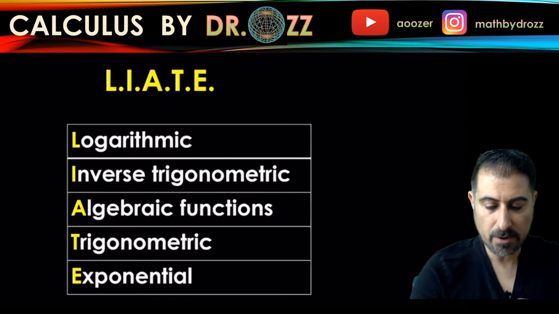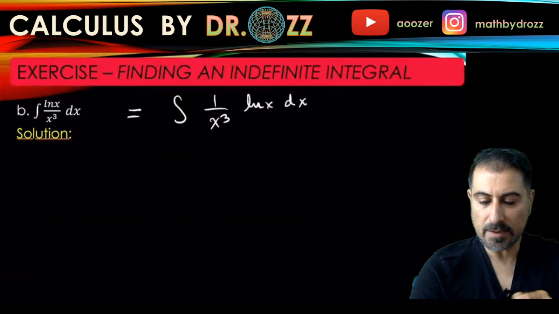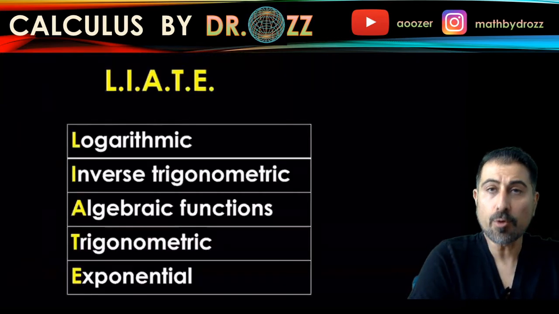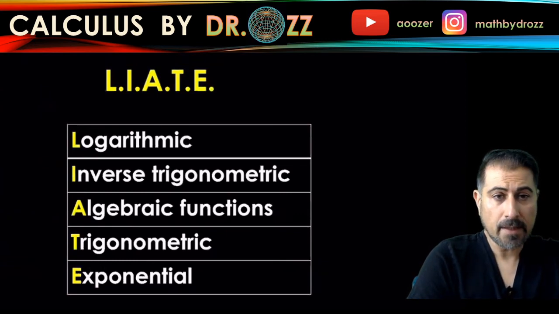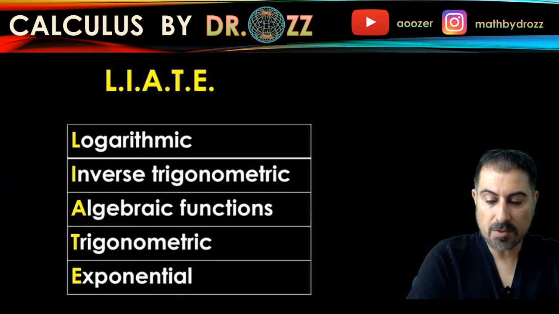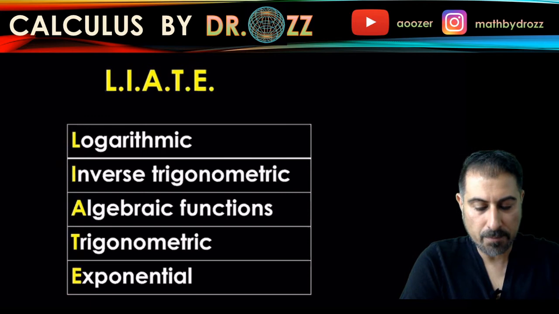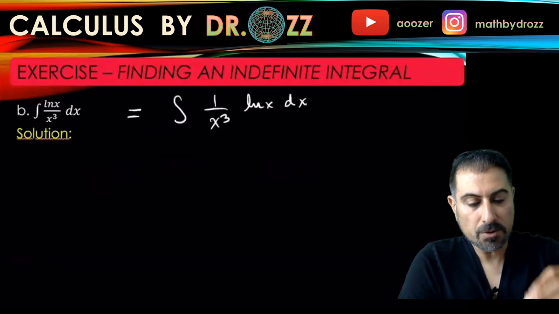So let's go back here. We have algebraic and logarithmic. What that means is, logarithmic is the one that I should call u, and dv is going to be the rest. So integration by parts is what I am going to use for this problem. Let me just do the calculation here.